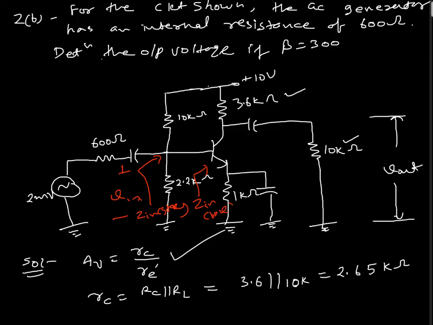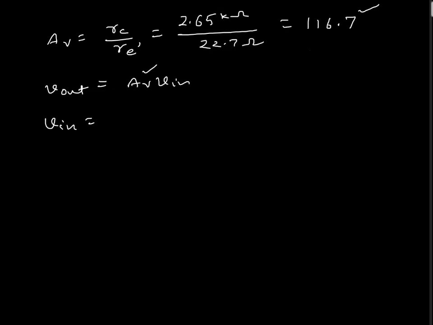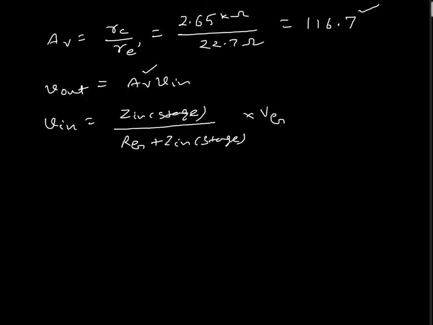So it means Vin will be Zin stage divided by RG plus Zin stage, into VG. Okay, now what RG is given in the question.